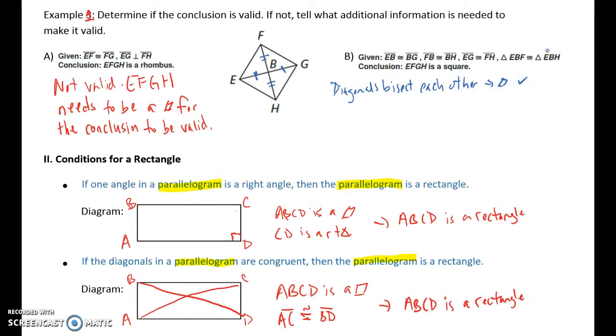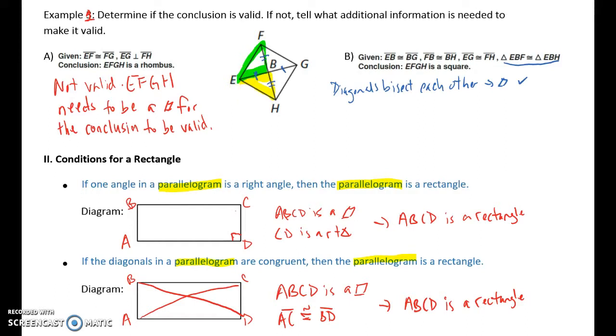So we need to check if it's a parallelogram, rhombus, and a square. Now let's check and see, what do you think? Is it a rhombus? Well, hopefully you saw these two triangles are congruent. So if EBF, which is right here, and I'll highlight that in green, is congruent to EBH, then I could say something about EF and EH.